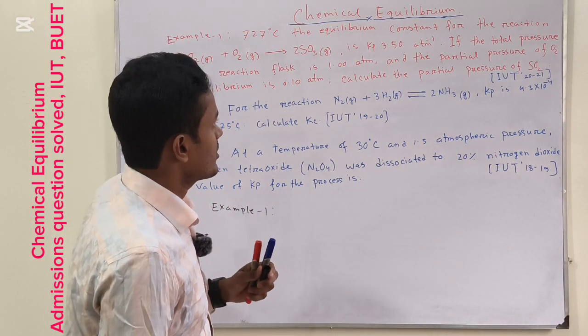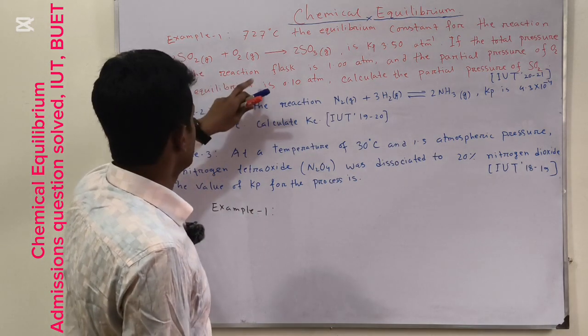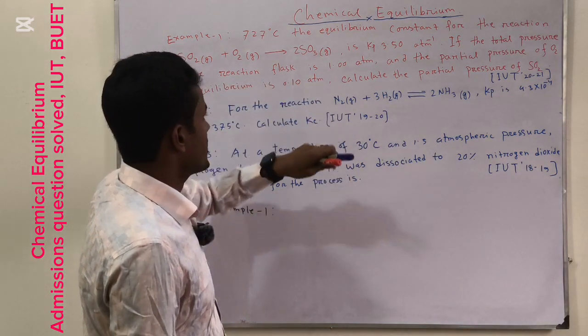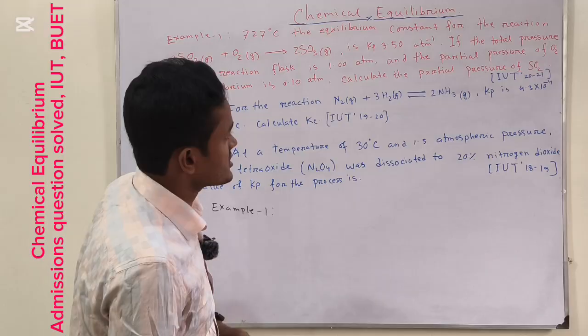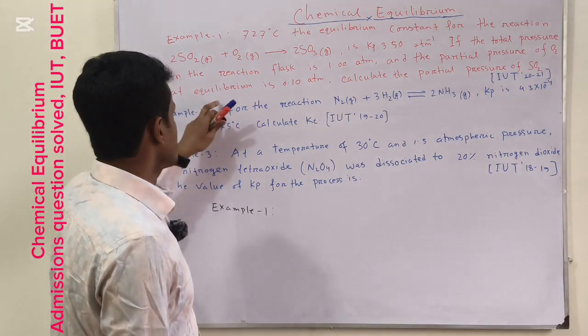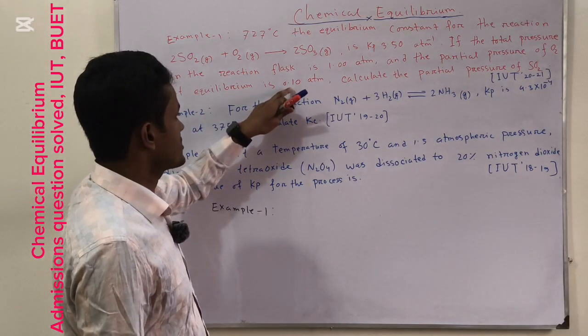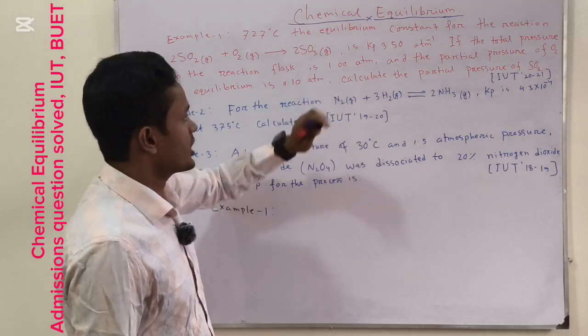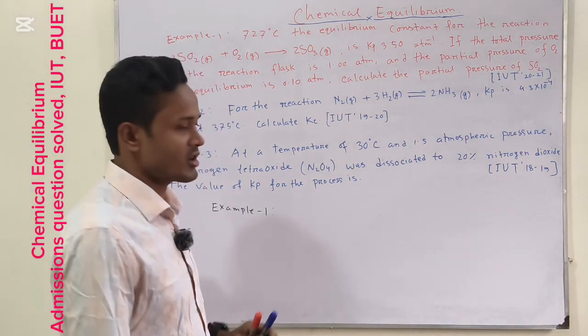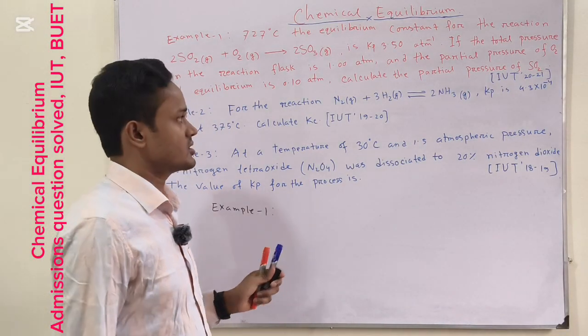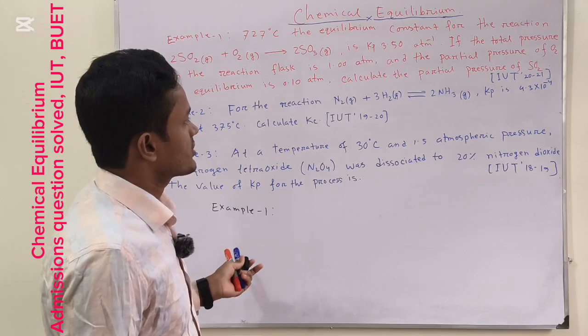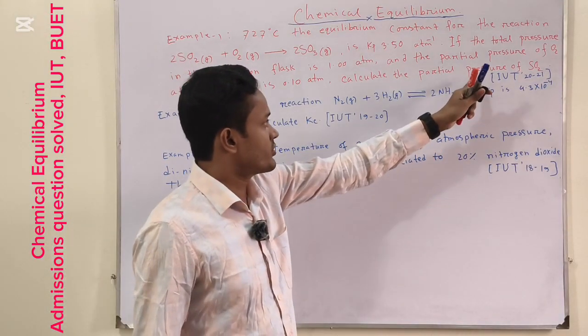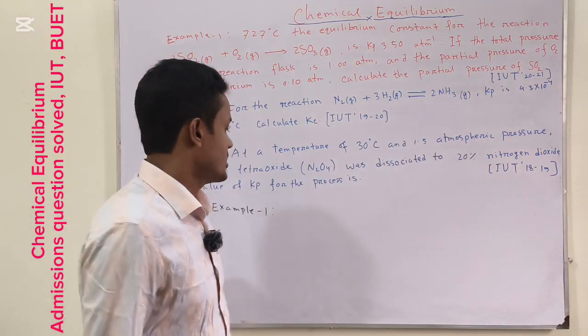If the total pressure in the reaction flask is 1 atmosphere and the partial pressure of oxygen at equilibrium is 0.10 atmosphere, calculate the partial pressure of sulfur dioxide.